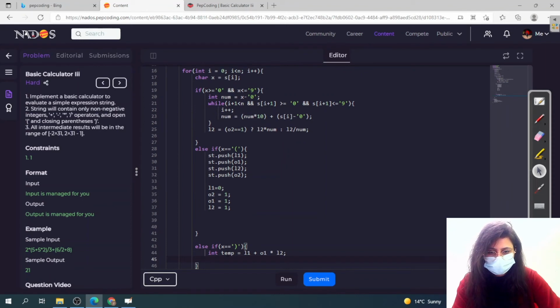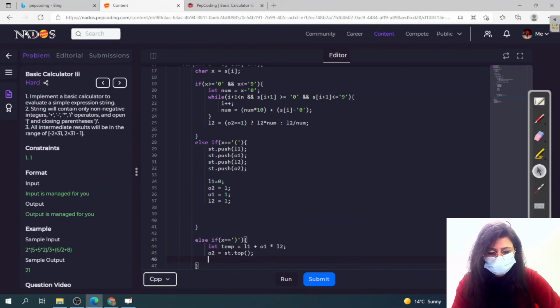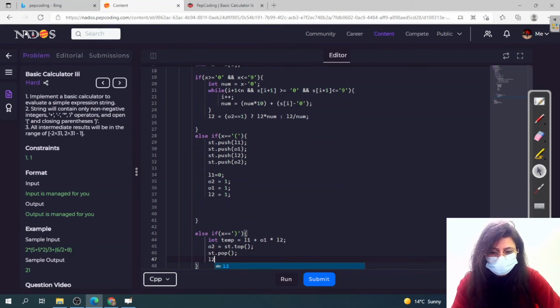Okay. Next, we'll update O2, which should be equal to the top of the stack, and we will pop it out. Then our L2 will be the top of the stack now, and then pop it out.